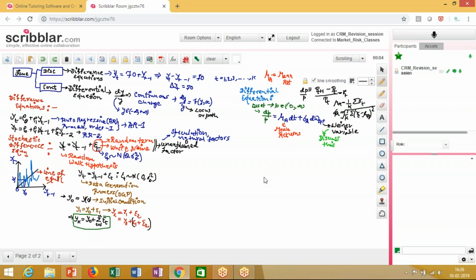So if I talk about a financial variable like, say, an asset price movement, what determines the stochasticity or the uncertainty in the asset price movement? It is the white noise error term, right? The white noise error term is a normally distributed variable, a variable which has a mean zero and a constant variance, right?